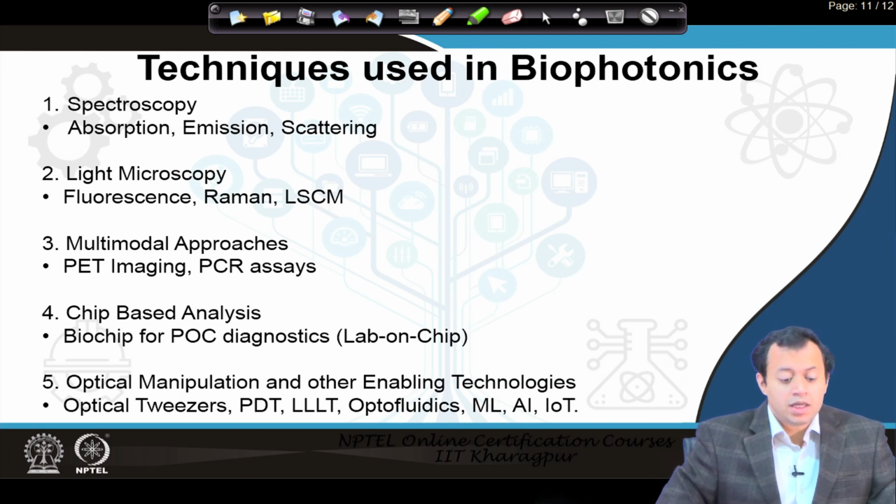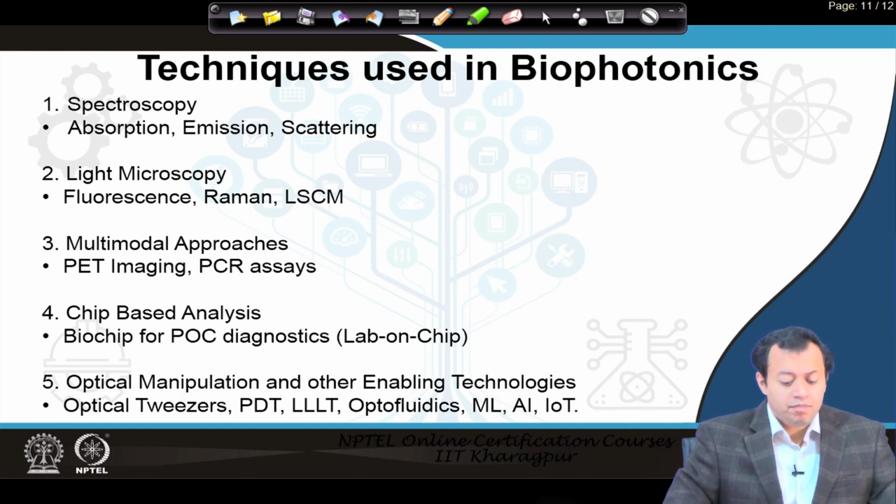We have other multimodal approaches that we also use in biophotonics. For example, PET imaging, positron emission tomography, where a radio tracer, a radioactive material, is used to tag a particular, usually a tumor, and thereby you see the positron emission, and see how the tumor is progressing or if the tumor has dissolved or not.